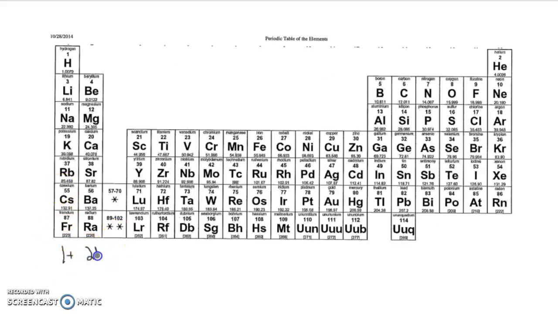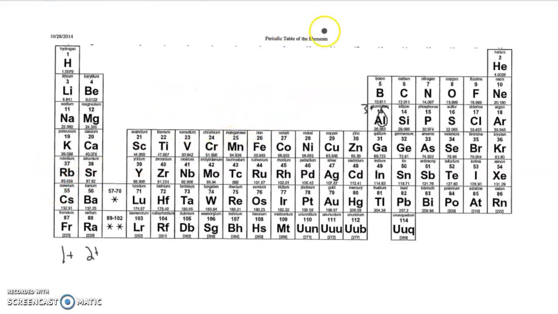The second column, the alkaline earth metals, are going to be positive 2. Over here you have aluminum, which is going to be a positive 3. So one way to figure out the charge of the ion is by looking at the column that element comes from on the periodic table. Another way is if you're given a Roman numeral: the Roman numeral indicates the charge.